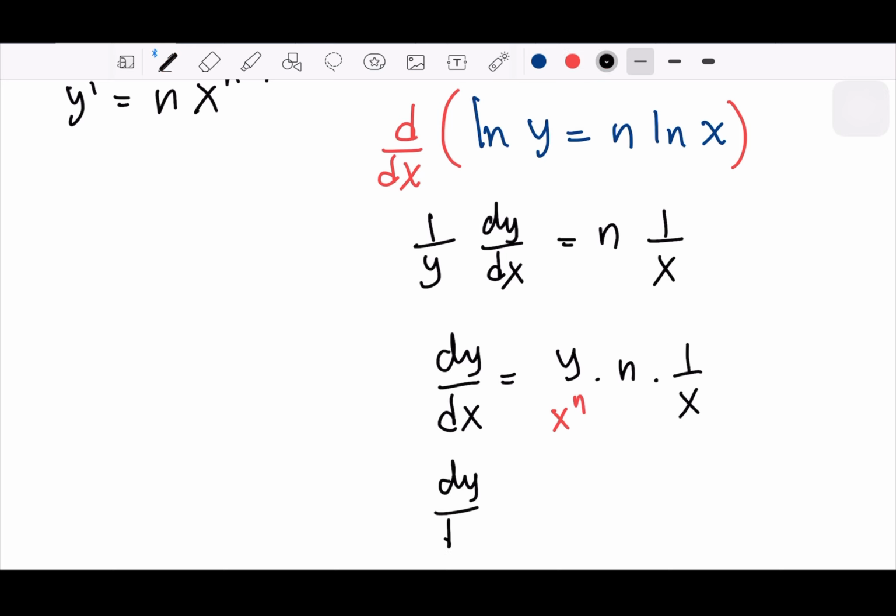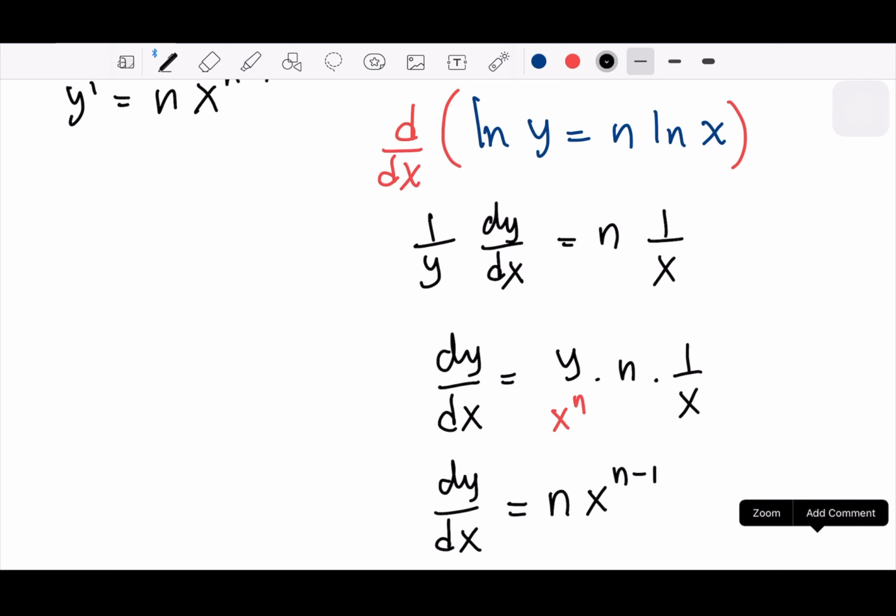So we can have x to the power of n, and then we have x at the bottom. We can take this as a minus 1. So we can write n x to the power of n minus 1.